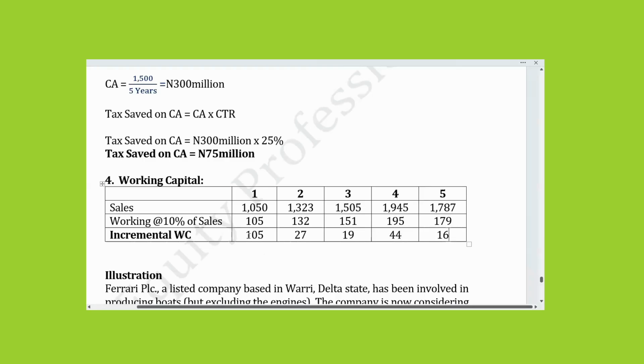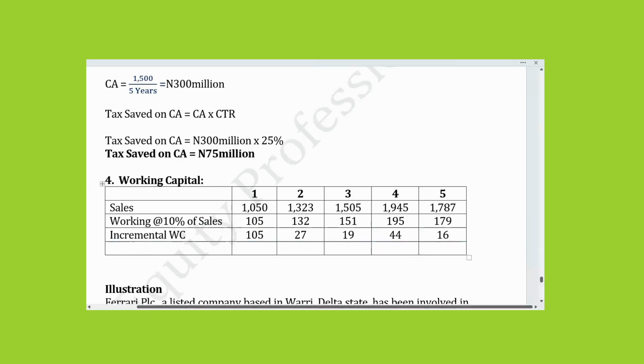The rule says that working capital should be treated as cash outflow in the year before the year of occurrence and then recovered fully at the end of the useful life. We have calculated incremental working capital for each year. Now we want to go and post. Which year am I going to account for the working capital? The working capital of year 1, which is 105, should be treated as cash outflow in year 0 because the year before year 1 is year 0.